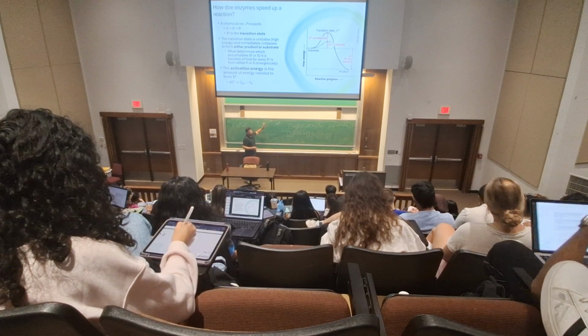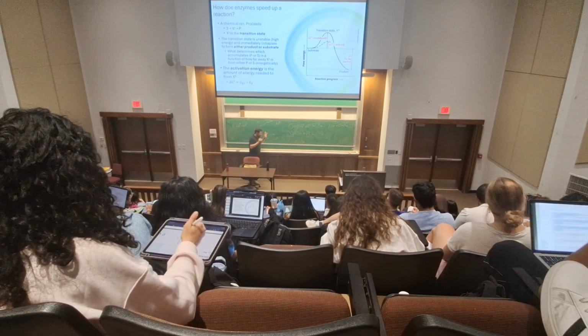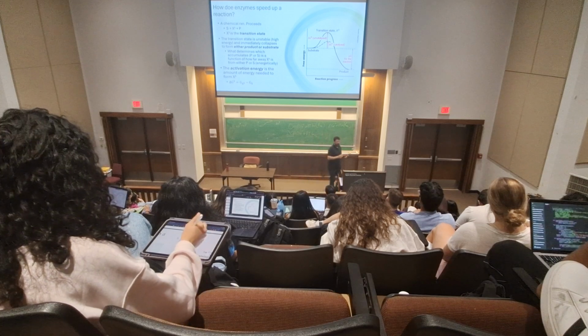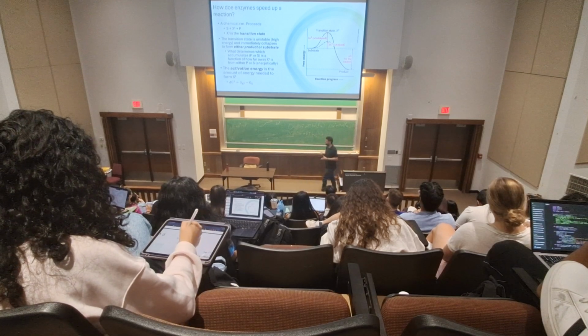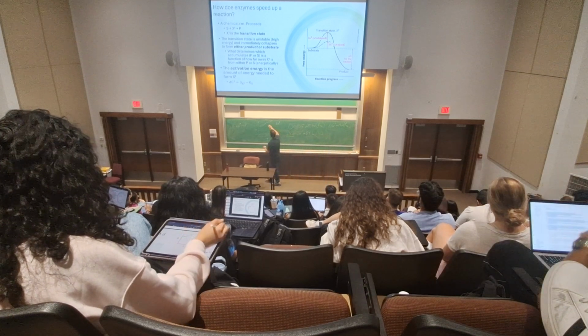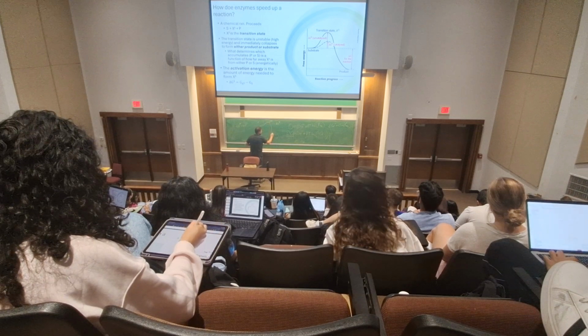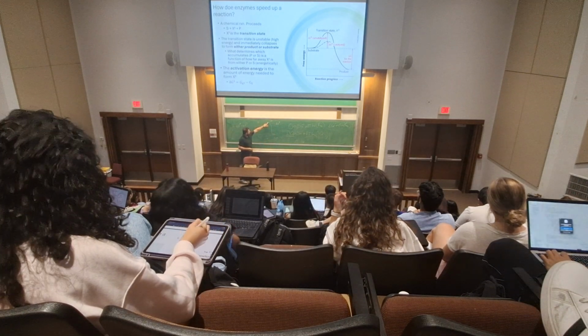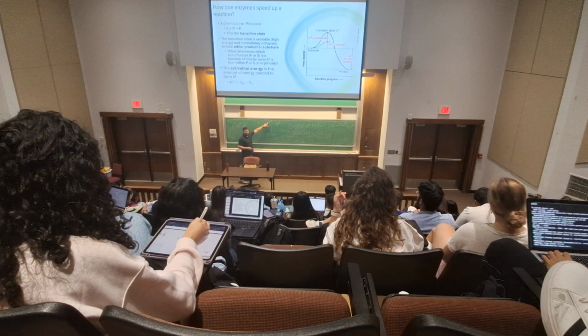It's at this point now that we can determine which is going to be favored, the product or the reactant. Why? Well, going from here down to here, we're going to release also some amount of energy. If we're up here, what's going to happen?